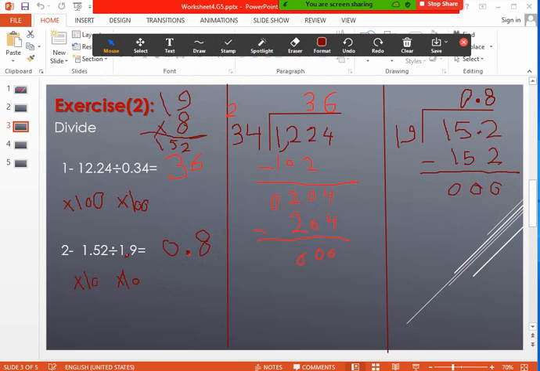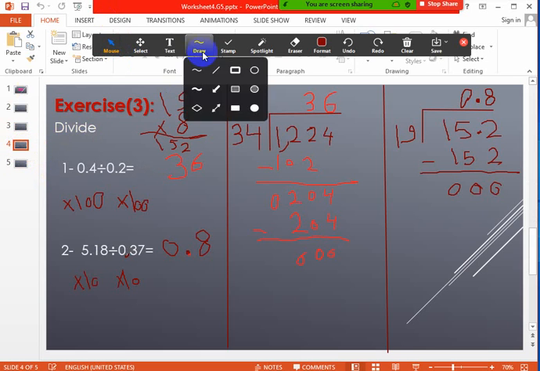Now, if you finish, please type 1 in the chat. Just one time. If you don't finish, please type 0. Okay, all of you finished, I think. Let's move now to the next exercise.